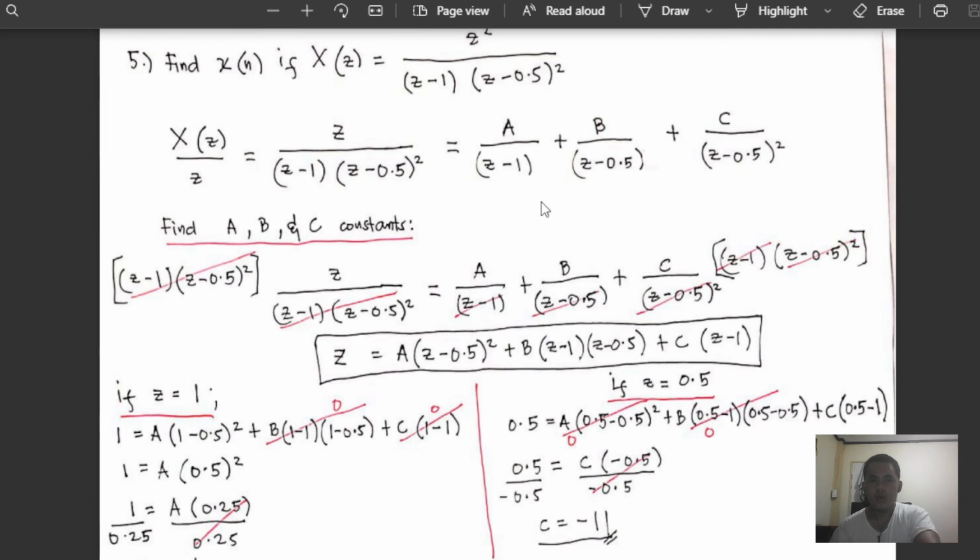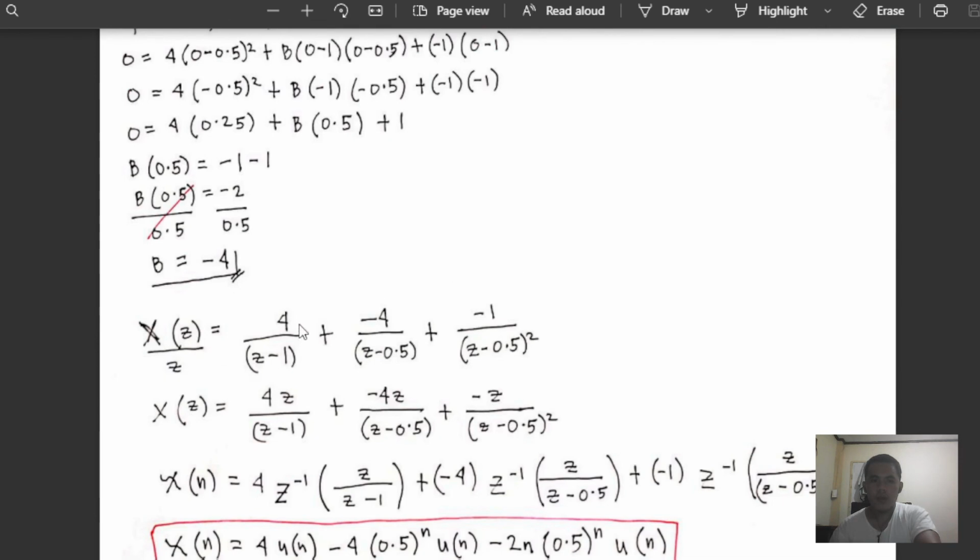After that, substitute those constants into this equation. So we get 4 over z minus 1 plus negative 4 over z minus 0.5 plus negative 1 over z minus 0.5 raised to the power of 2. Next, multiply this by z so that we can remove the denominator z.